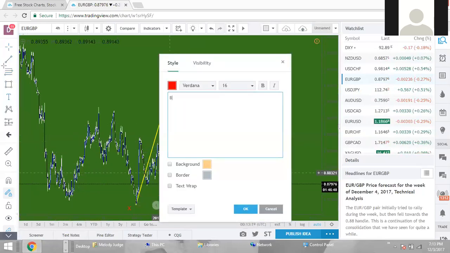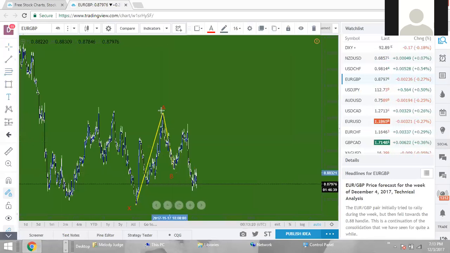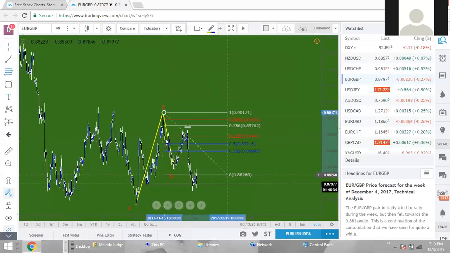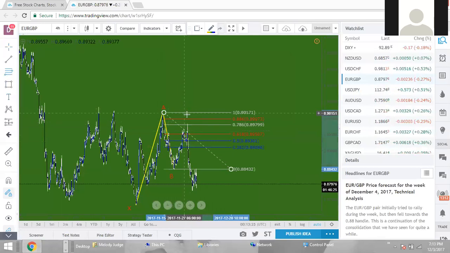Went up there and touched that 786, but it's not a problem because again, we can go as far as to the extreme low of A, extreme high of A in this case. Just can't break above it. So the market came, boom, gave us a valid C.